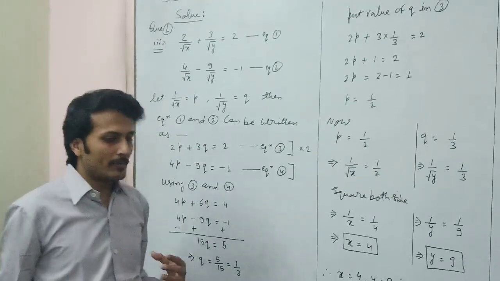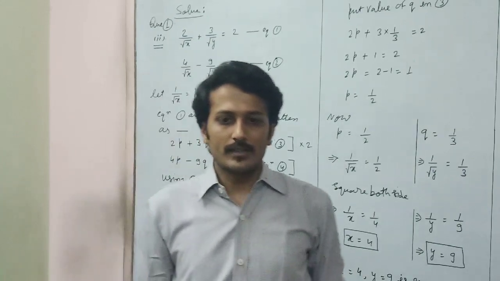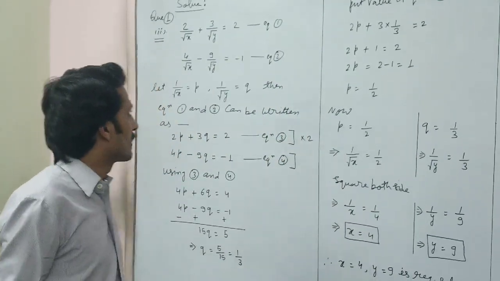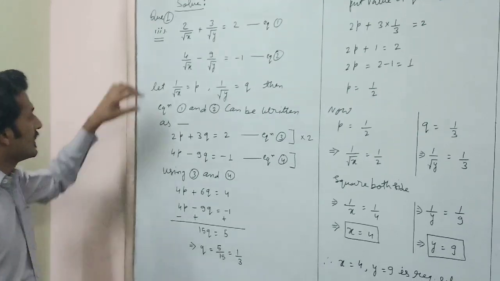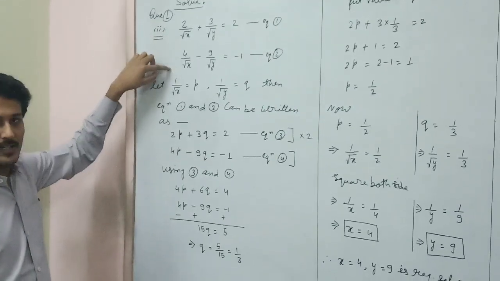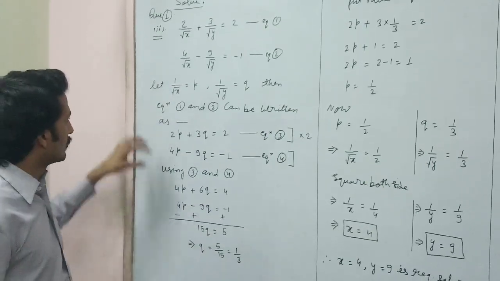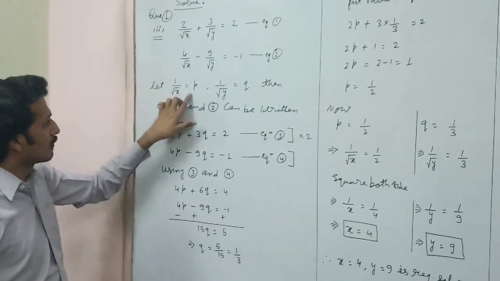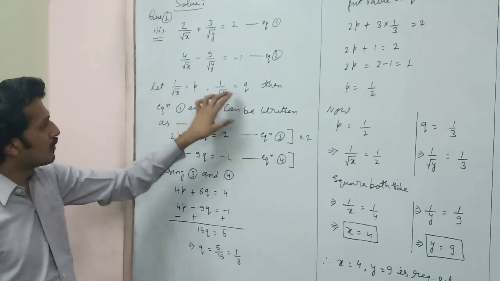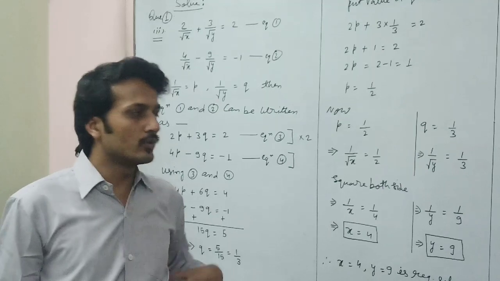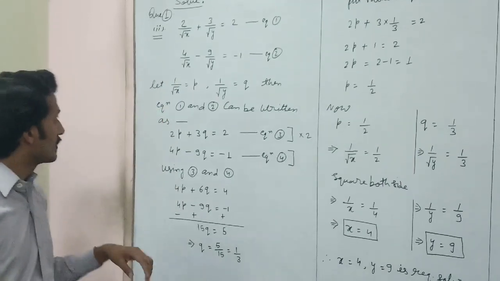By this pattern we get to know that this is not a linear equation, but we need to convert it into a linear equation in two variables. So let 1 upon root x equal p and 1 upon root y equal q. We have introduced these two new variables to reduce the given equations.